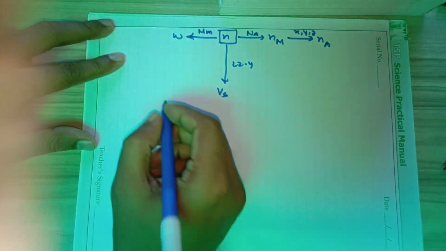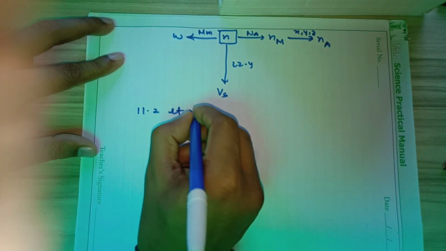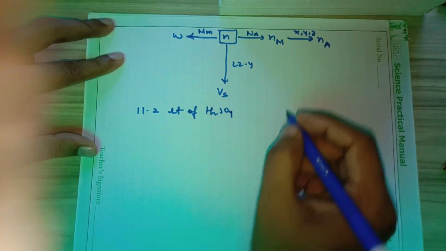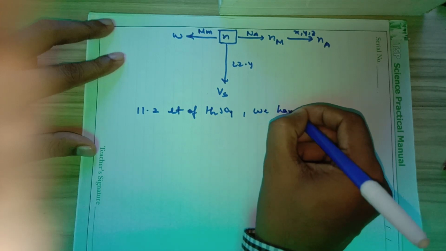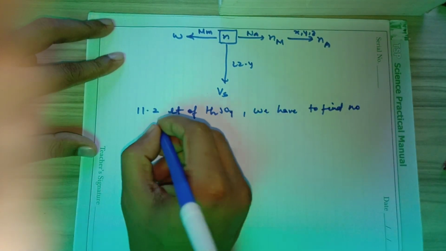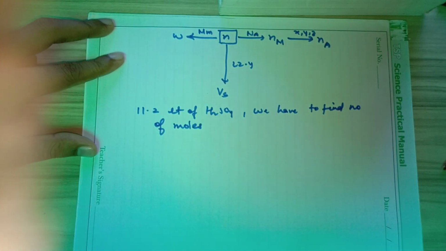Now suppose you are given 11.2 liter of H2SO4, and we have to find the number of moles.